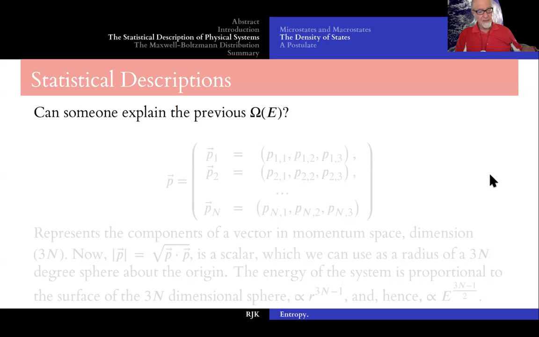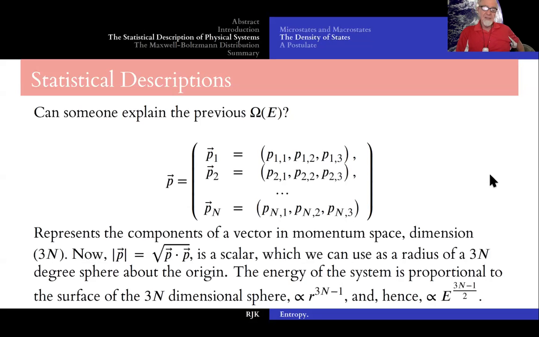Okay, so you started getting into where I'm going here. This is the total momentum: the first particle's x, y, z, particle 2's x, y, z, and so on, down to particle 100's x, y, z.